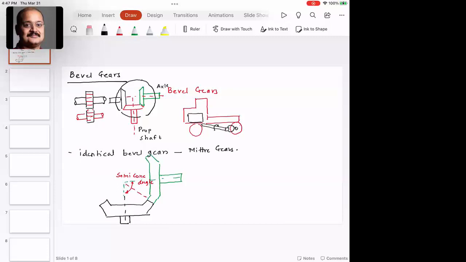So I'm going to call this a gear and this a pinion, with the assumption that pinion is smaller than gear, and I'm going to call this theta G, and I'm going to call this theta P.